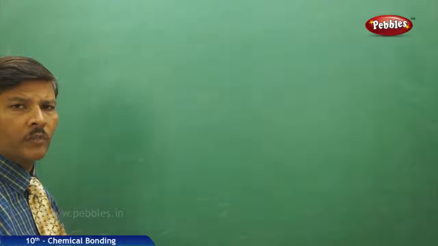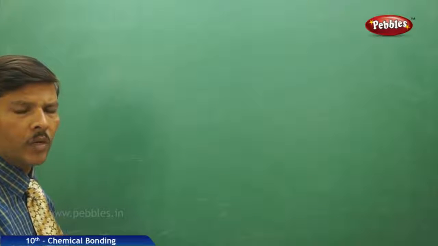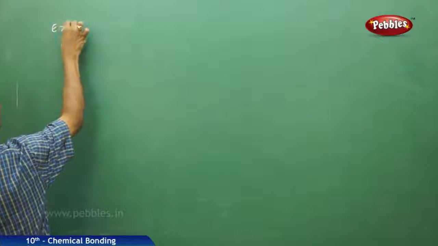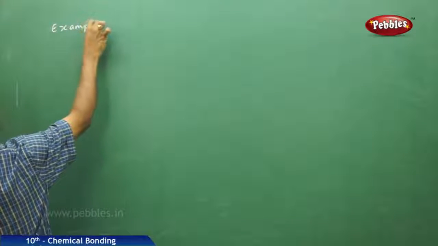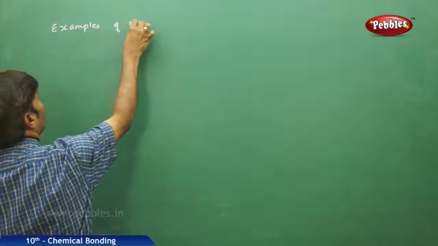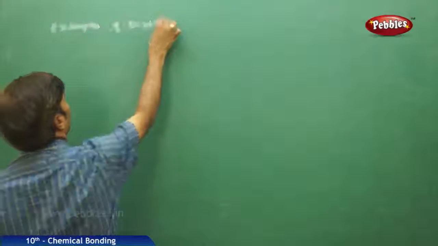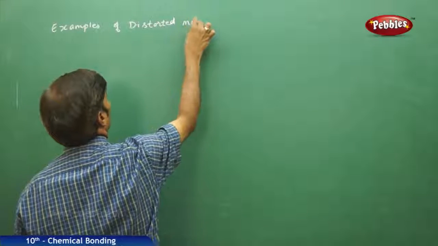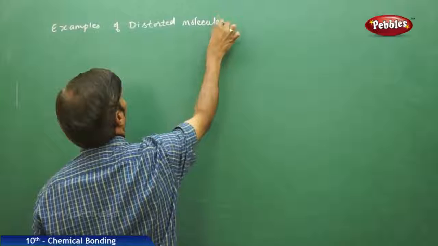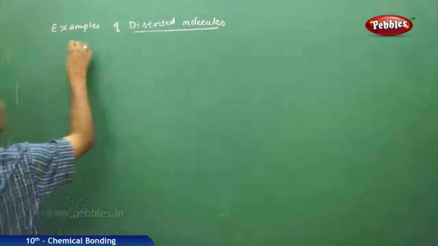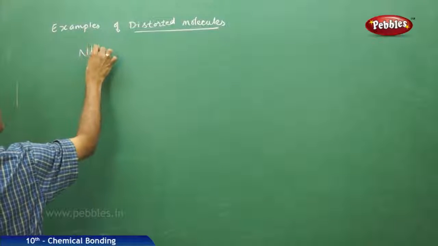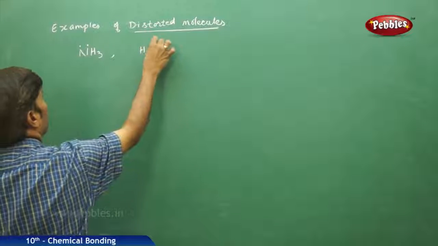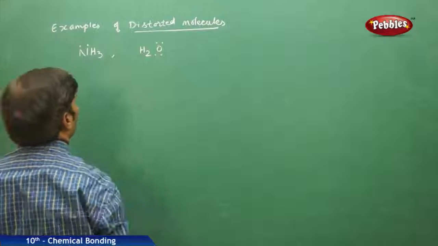So if you check the distorted molecules according to VSEPR theory, the continuation of the examples of distorted molecules: here we can take ammonia as a distorted molecule, and water is also a distorted molecule.